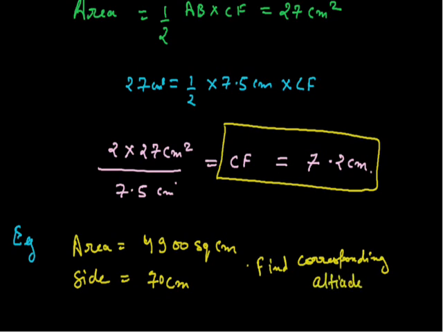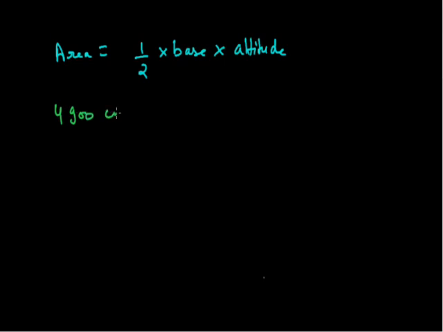Now we know that the area is equal to half base into altitude. Therefore, we will substitute the values. Area is 4900 centimeter square and the base is 70 centimeter. We have to find the altitude.